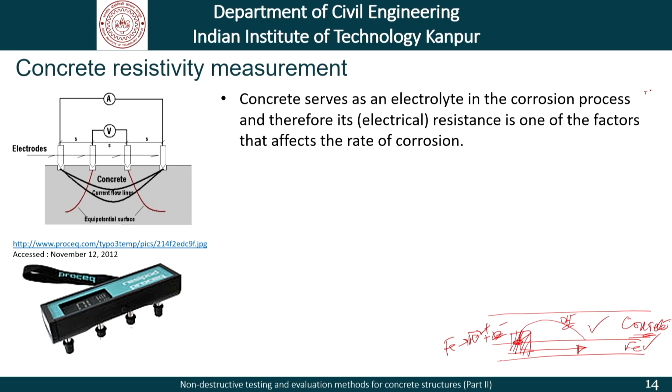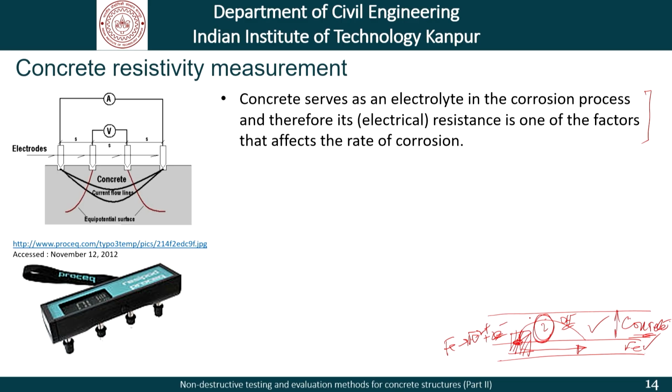So, what's being stated here is exactly that, and if we are somehow able to control or estimate or understand the electrical resistivity of concrete, that is one way of controlling the rate of corrosion, because the rate of corrosion is basically directly related to this corrosion current.